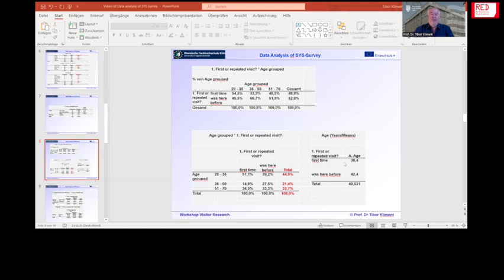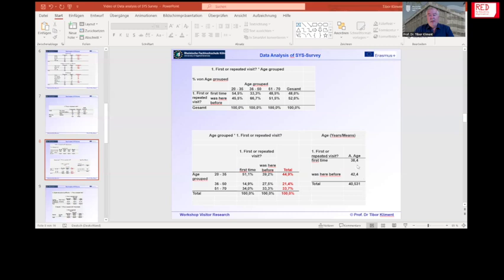Another way of presenting the results, instead of making a table, is counting or calculating mean values. This here is done by calculating the arithmetic means for the two different groups. And here we can say first-time visitors are on average 38.4 years old, and the regular visitors are a little older, 42.4 years.